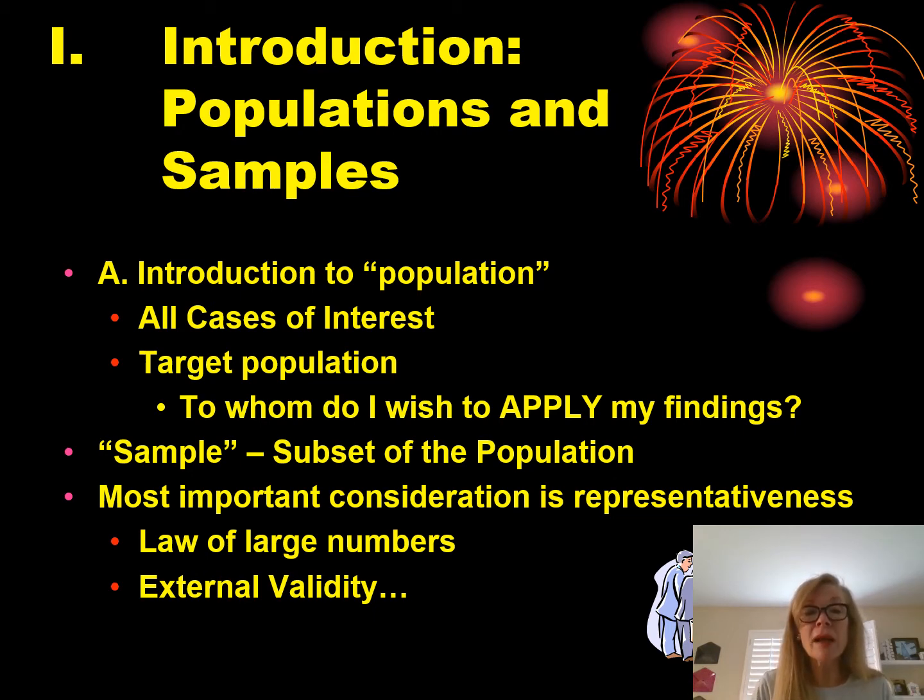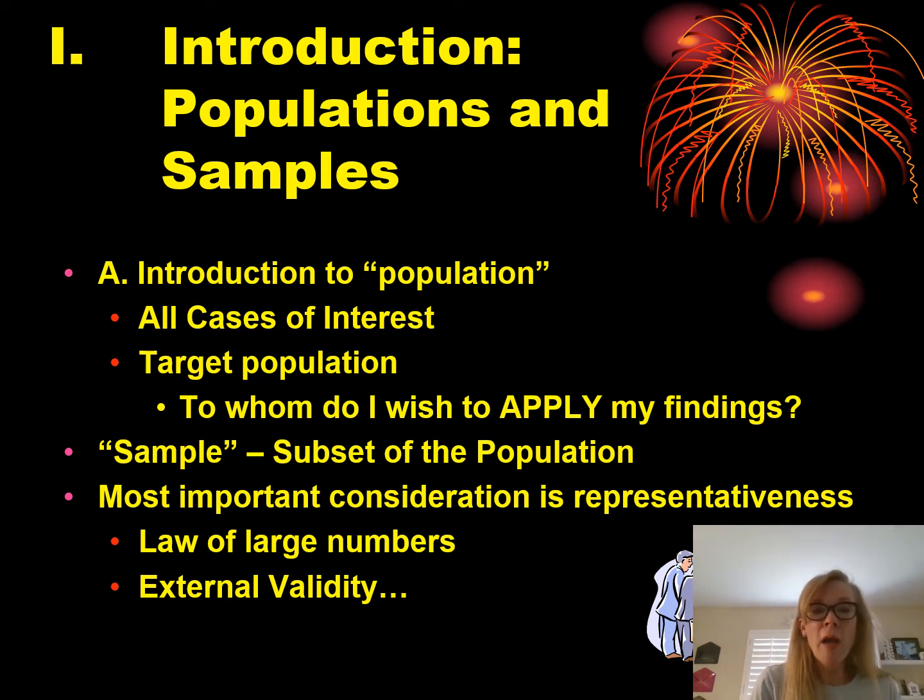But if my sample is Mesa Community College students, my community college students, and that is also my target population, the people to whom I wish to apply my findings, then in that case, my sample is perfectly representative because my sample and my target population are the same. Okay. Again, we're going to talk more about the implications of this in a little bit.